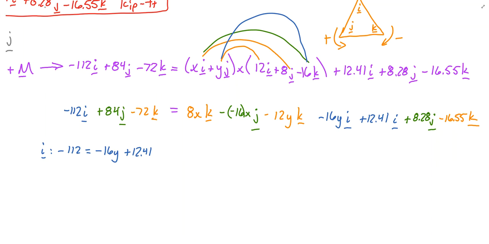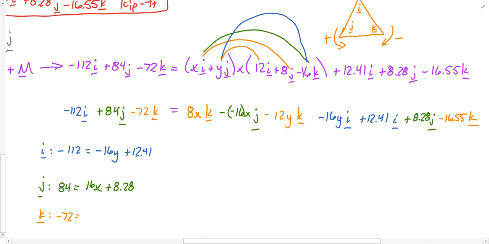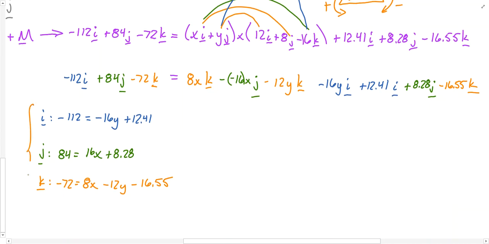In the j direction, we have the 84 on the left, and then we have a positive 16x on the right, and a plus 8.28. And then in the k direction, we have a minus 72 on the left, and then an 8x, minus a 12y, and then minus 16.55 on the right. And you can pick any two of these to solve it.